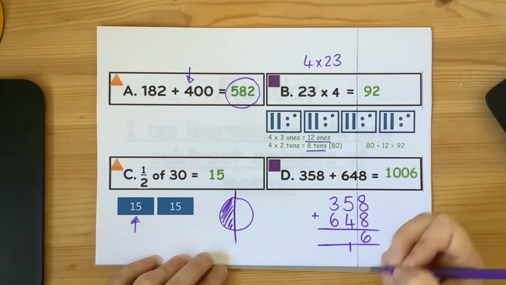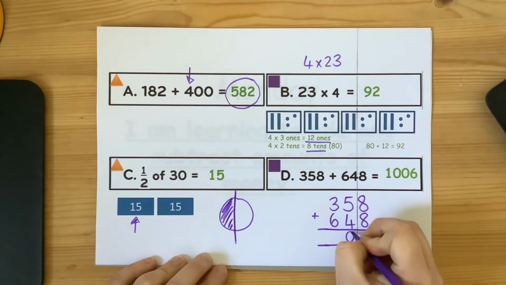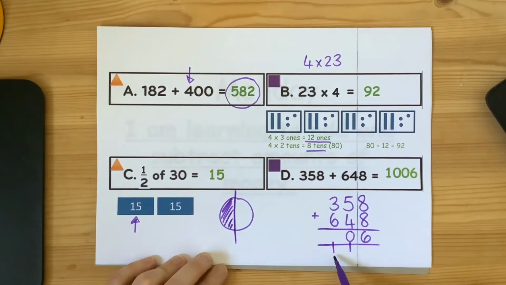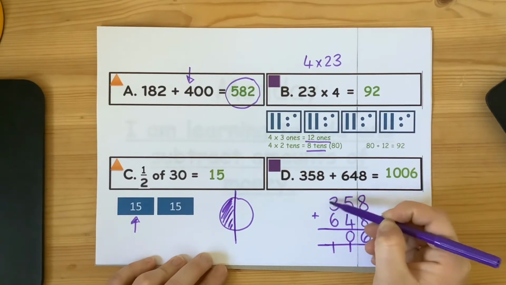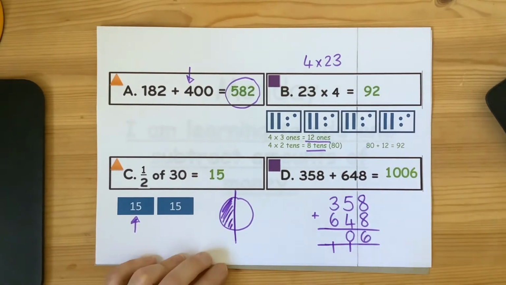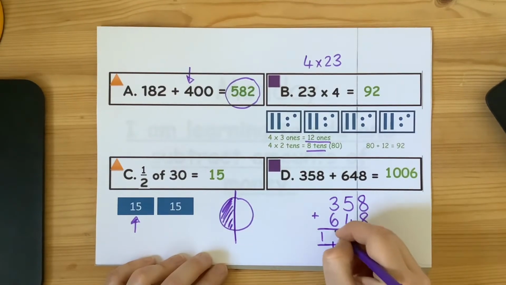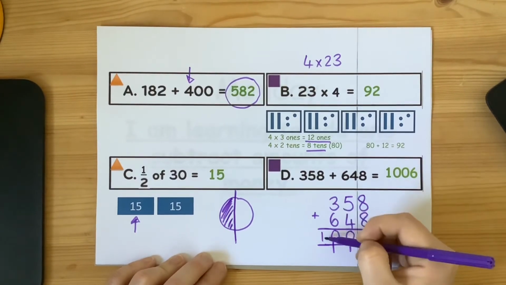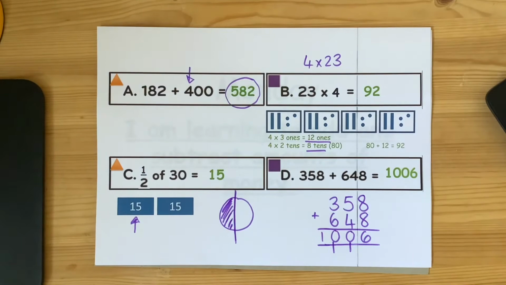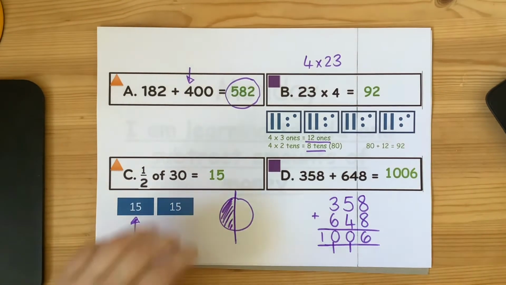And that gives me 10 tens. And I know that 10 tens can be regrouped into 100. If I then add my 300 to my 600, I get 900. And if you add one more 100 onto 900, you end up with 1000. So I need to regroup into 1000. Now I've got no thousands here to add, so I just put the 1 in. So that means the answer is 1006.